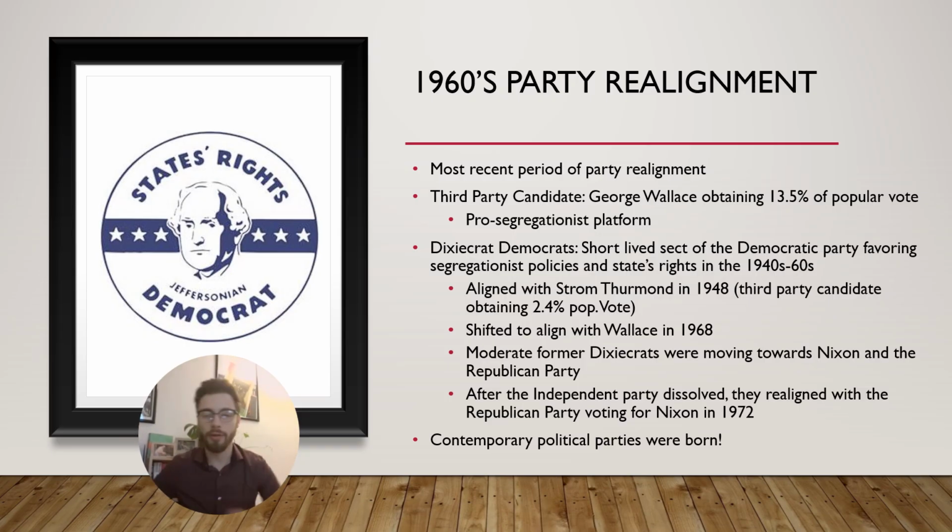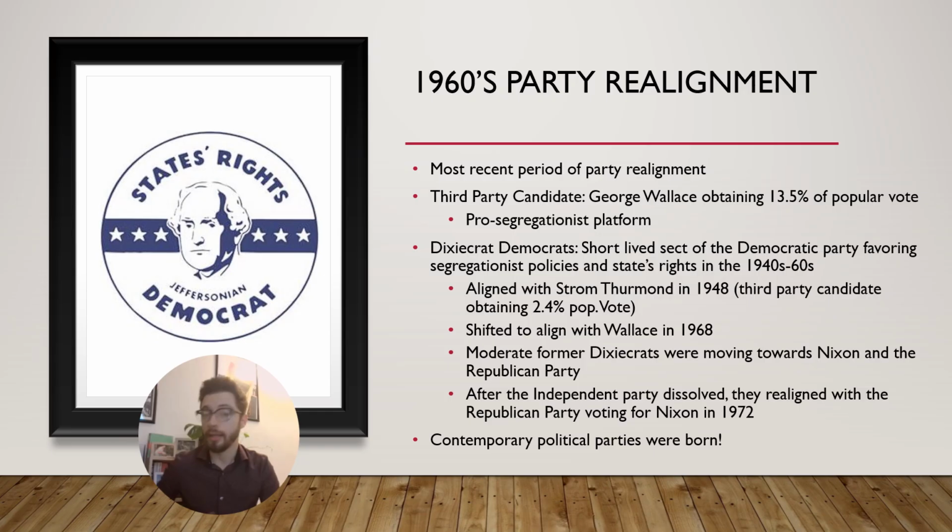Now, as I previously mentioned, we'll just fly through this because I've already addressed it. The 1960s party realignment. This is the period when we had the most recent realignment of our political party system. We know that a large reason why we had this realignment is the presidential candidacy of George Wallace, as he was able to pull a lot of the disenfranchised individuals from either the Democratic or Republican Party towards his pro-segregationist platform.